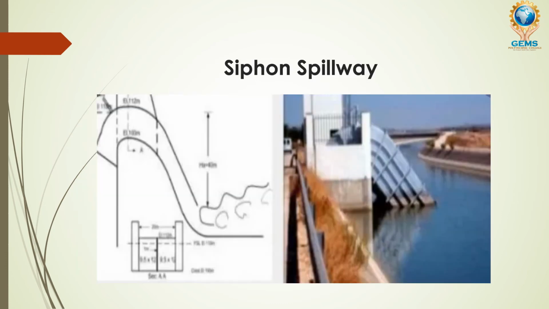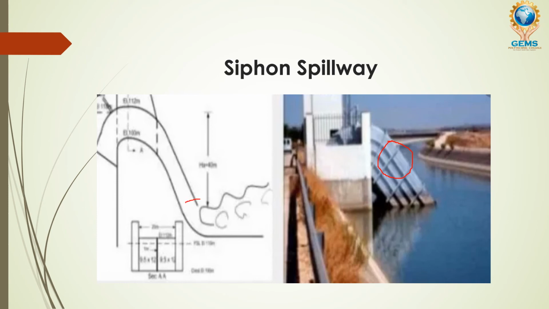Okay, in this picture you can see the siphon spillway. This blue colored portion is the deprimer hood. This deprimer hood covers the air vent which is present at the upstream portion, the inlet portion of the siphon spillway, and the water which is allowed to pass will go through the outlet, which is submerged.